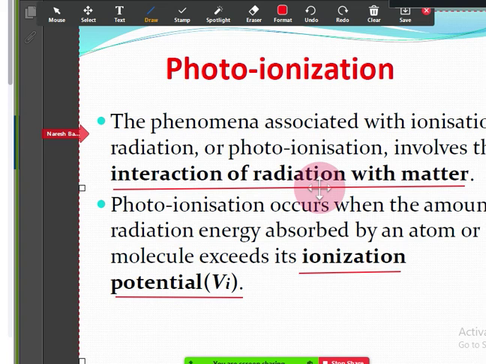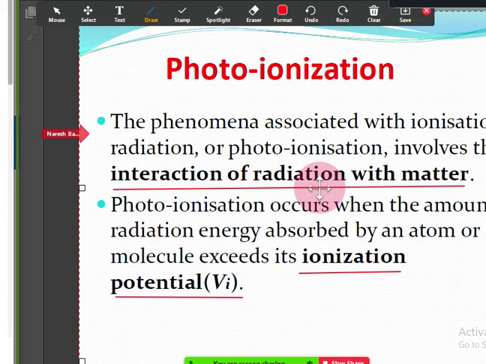In your analog electronics, you might have studied diodes. If you apply some voltage, will the diode conduct? No. Whatever voltage is applied should be greater than the breakdown voltage, then only the diode will start conduction.